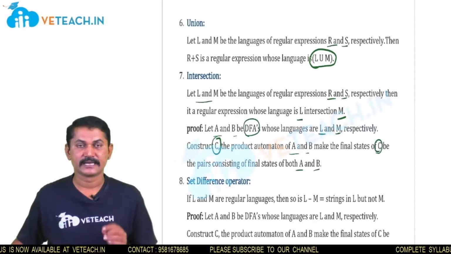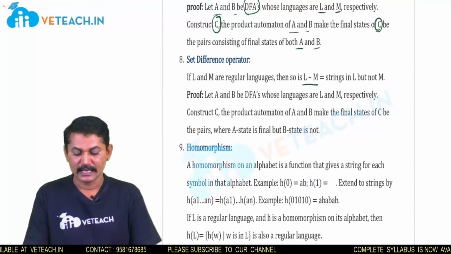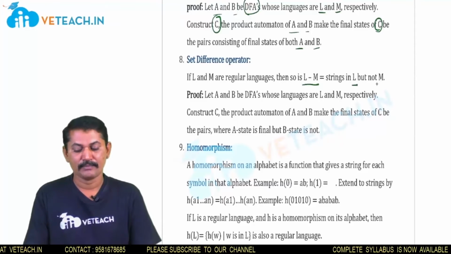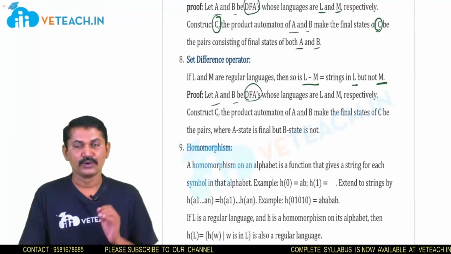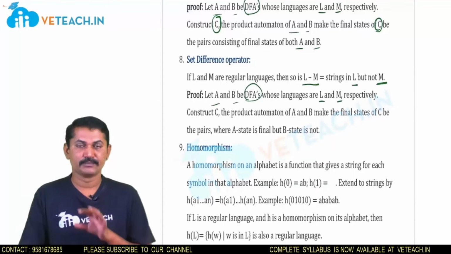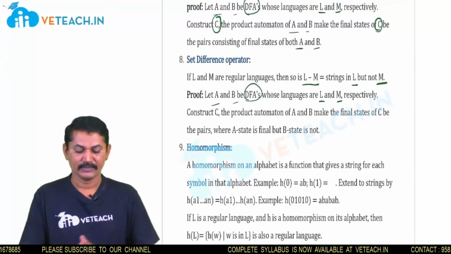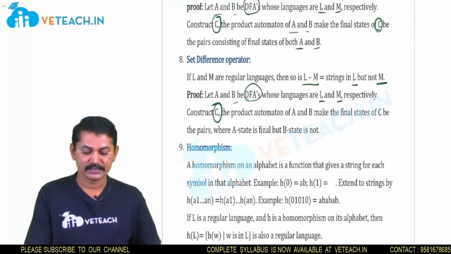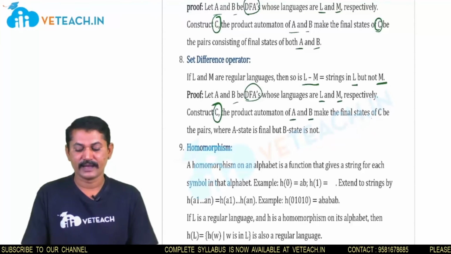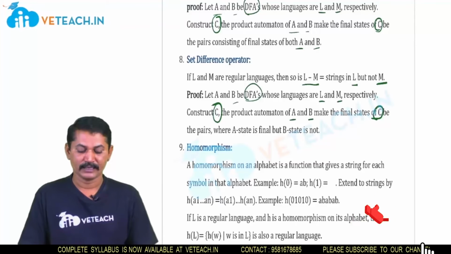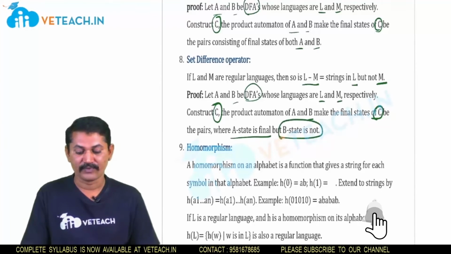Next one is set difference. Let L and M be regular languages, so that L minus M is the strings in L but not in M. Now consider A and B to be the DFAs whose languages are L and M. That means based on the languages L and M, we define two DFAs as A and B. Then we construct C, the product of A and B. The final states of C are the pairs where the A state is final, but the B state is not final.